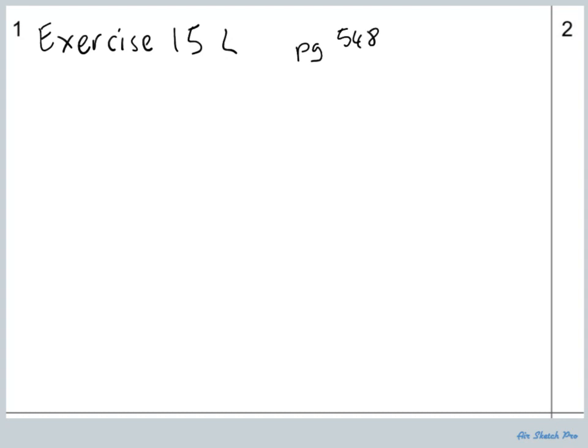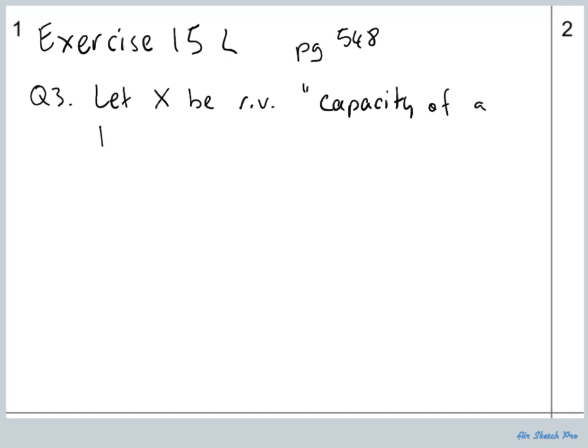Okay, so first of all, let's set it up. Let X be the random variable capacity of a bottle. In other words, the number of mils in the bottle.